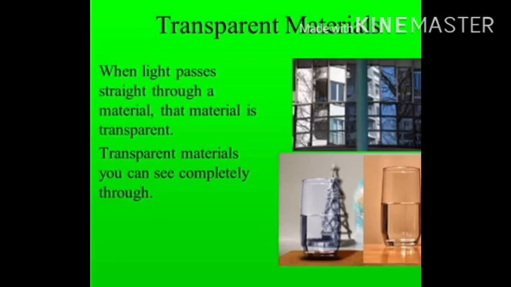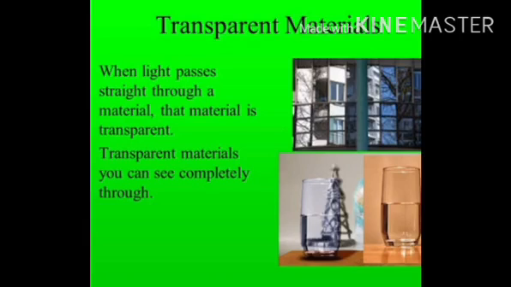Transparent material: when light passes straight through a material, that material is transparent. In a transparent material, you can see completely through it. Like air is a transparent material, water is again a transparent material.